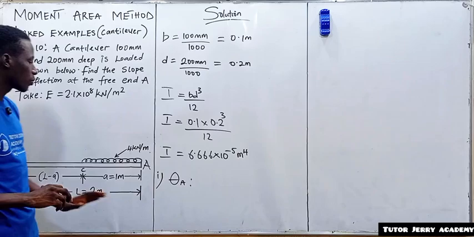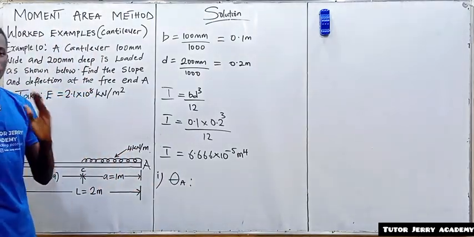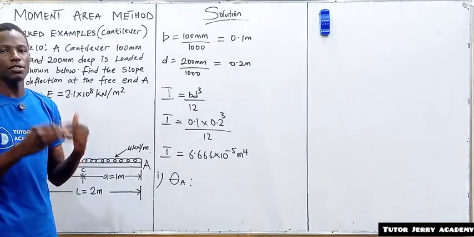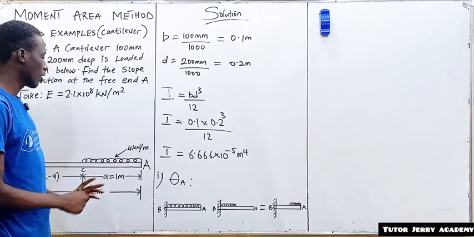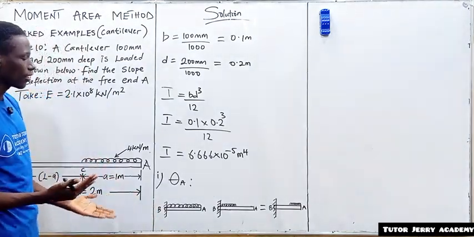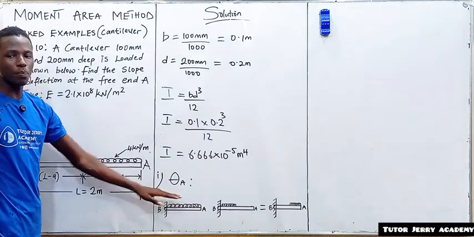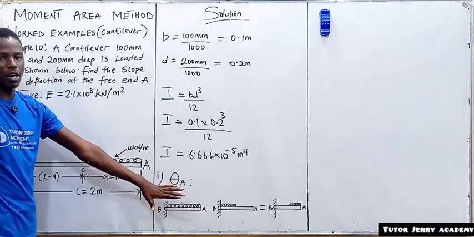I'm going to draw two diagrams here to explain further how we can do this better. Everything I've been explaining is what we have on the board here.